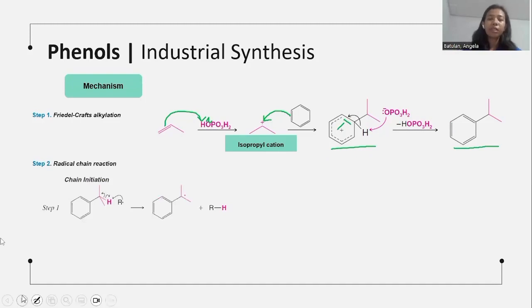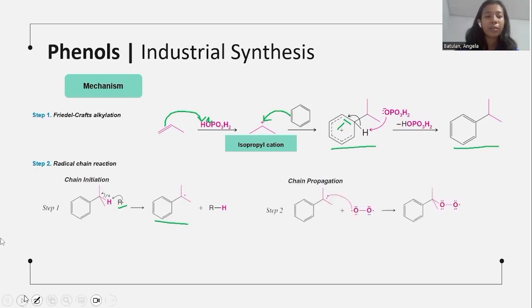Tapos, isopropyl benzene will undergo radical chain reaction. So, for the chain initiation, di ba may tatlo yan? May initiation, propagation, saka termination. Dito, included lang initiation, saka propagation. So, sa initiation, meron tayo yung radical initiator. Kaya mag-cleave hydrogen bond. Tapos, mag-yield ng tertiary radical na stable.